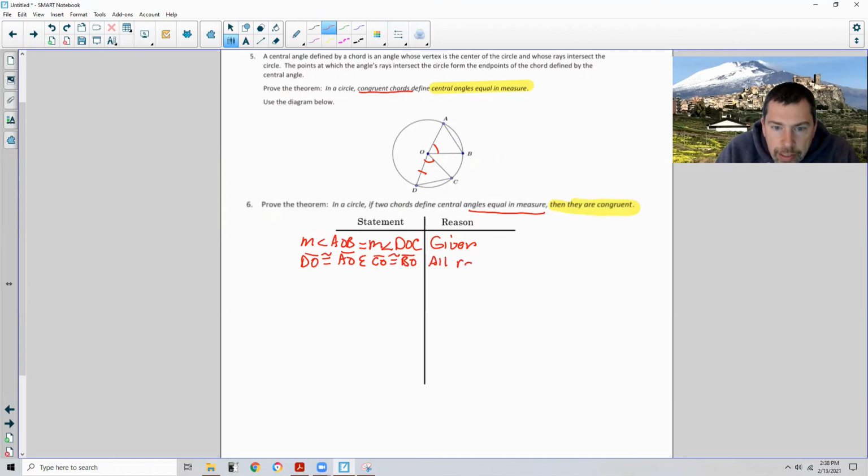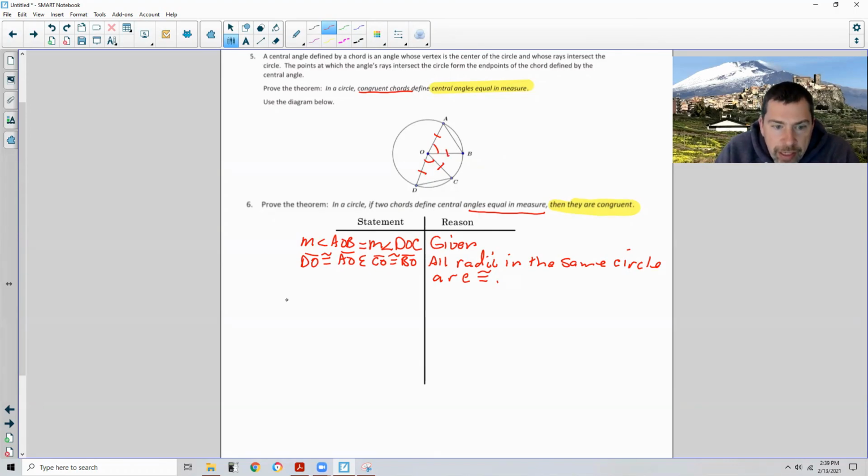All radii in the same circle are congruent, are equal in measure. Okay, so what does that mean? Well, let's label our diagram. So I said DO is equal to AO. CO is equal to BO. So there we have it.